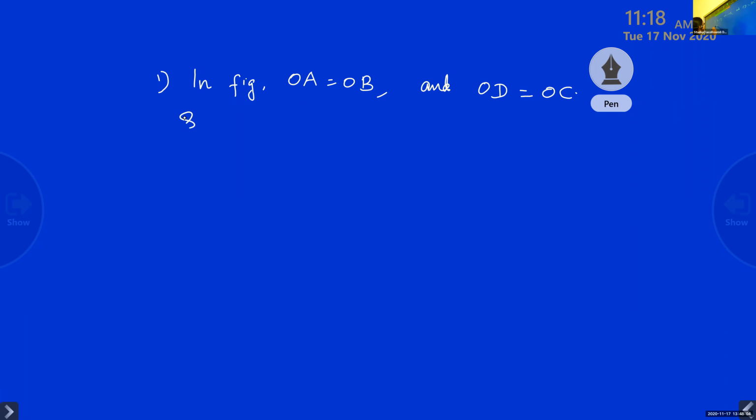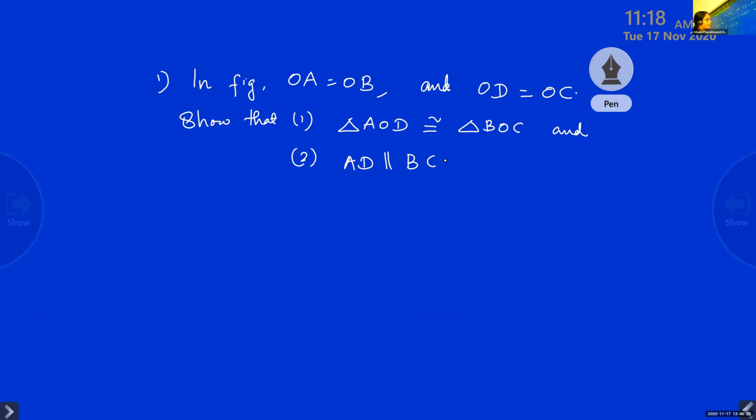Show that first, triangle AOD is congruent to triangle BOC, and second, AD is parallel to BC. And this is our figure.